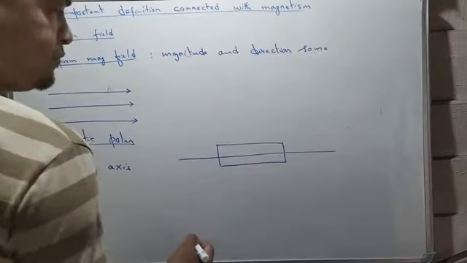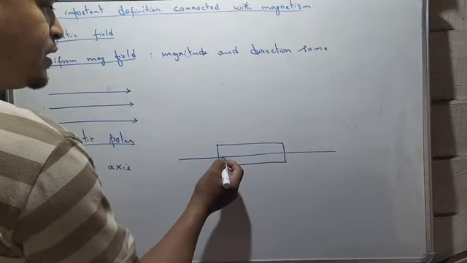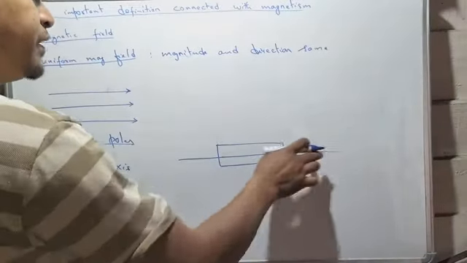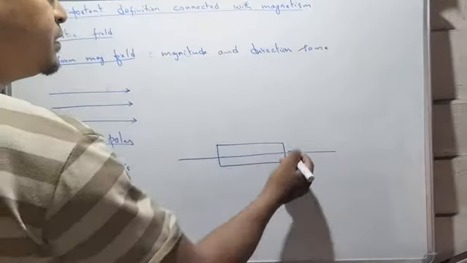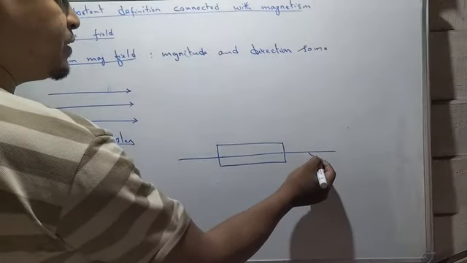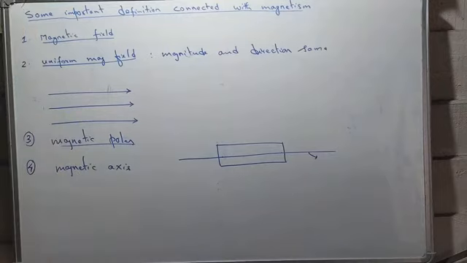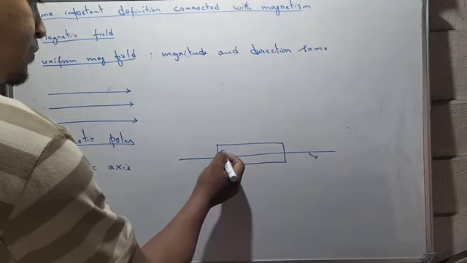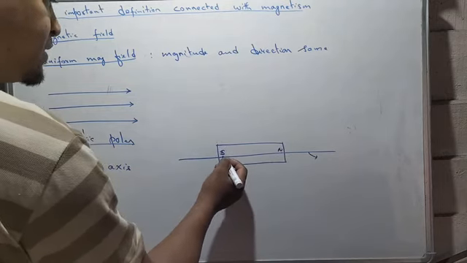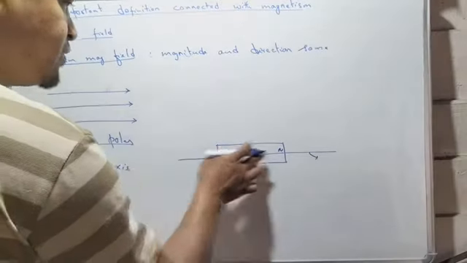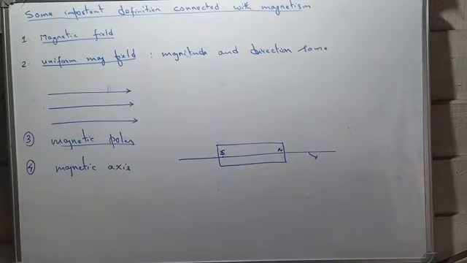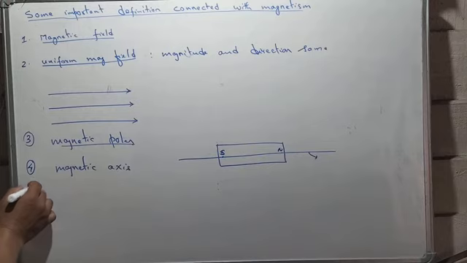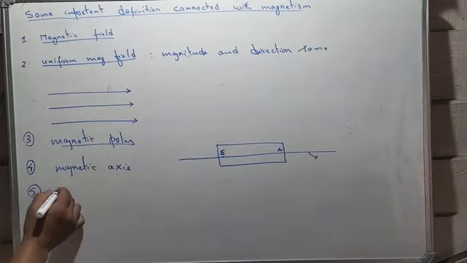Any line which passes right along the axis of the magnet is known as the magnetic axis. Or I can say a line passing through the poles of the magnet, because this is south and this is north. So any line passing through these poles is known as the magnetic axis.